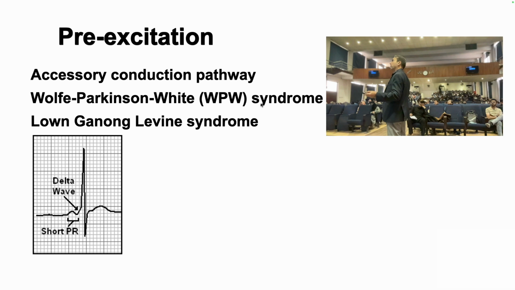Why have we placed this pre-excitation syndrome here? Why does it need to be discussed in these arrhythmias? Because it can be a problem. It produces a broader QRS complex. There is a delta wave here. So it causes a broad QRS complex.